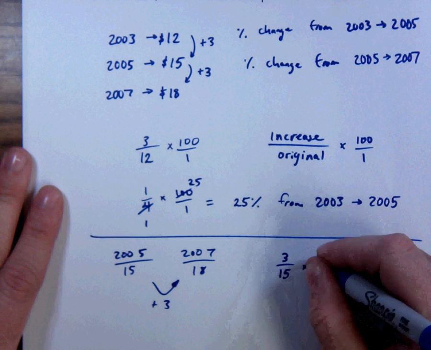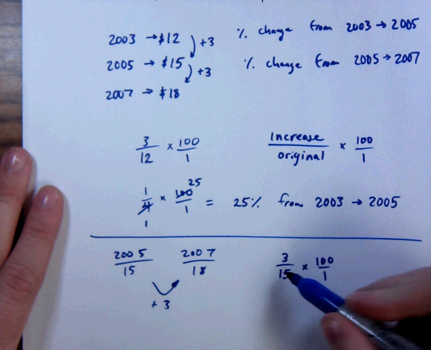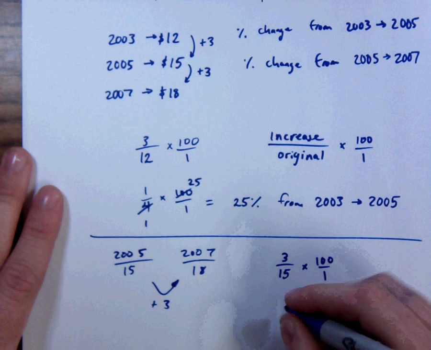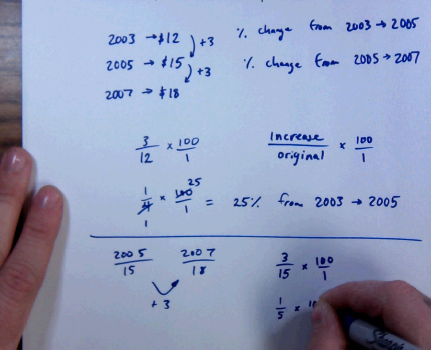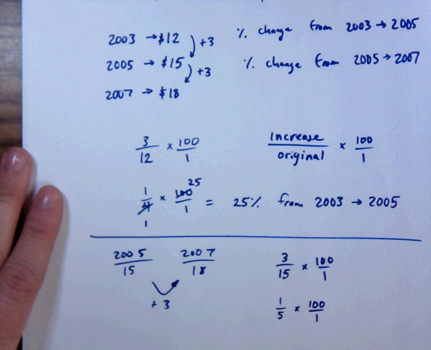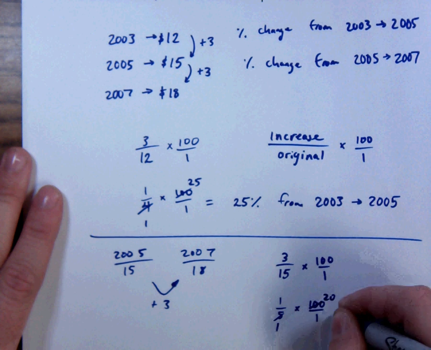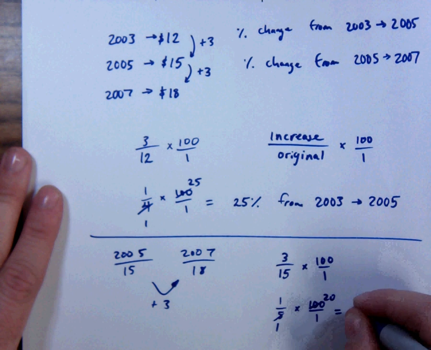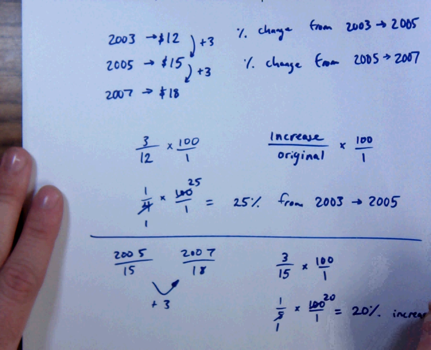And we're going to multiply that by 100 over 1. 3 divided by 15, we know that fraction is 1/5. So we're doing 1/5 times 100 over 1, which we can do quite easily, as 5 goes into 100 20 times. So this is equal to 20% increase.